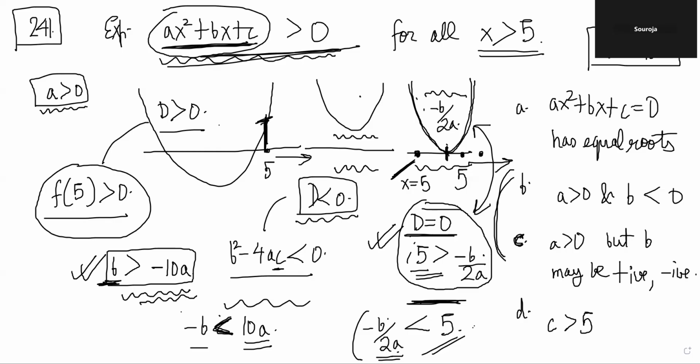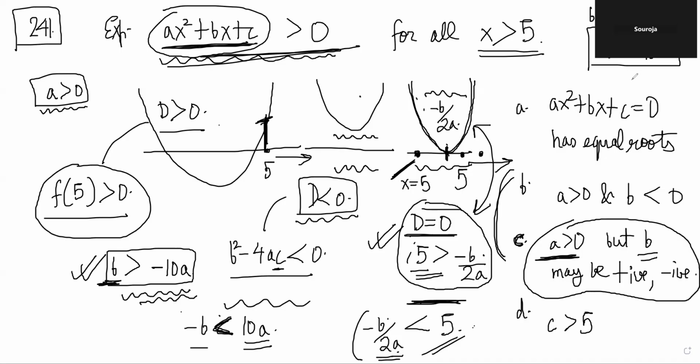So b is greater than some negative number, which means b could itself be negative or it could be positive also, no? So this option is possible here, because we have seen a greater than 0 and b can be positive or negative.